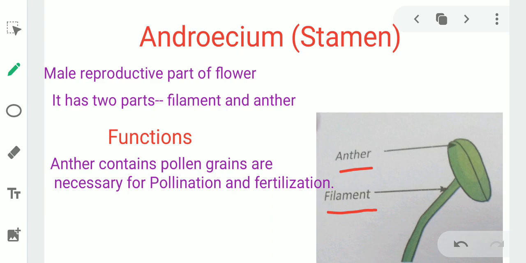It is like a small bag. It contains pollen grains. Pollen grains are present inside the anther. Functions of androecium. Anther contains pollen grains which are necessary for pollination and fertilization.